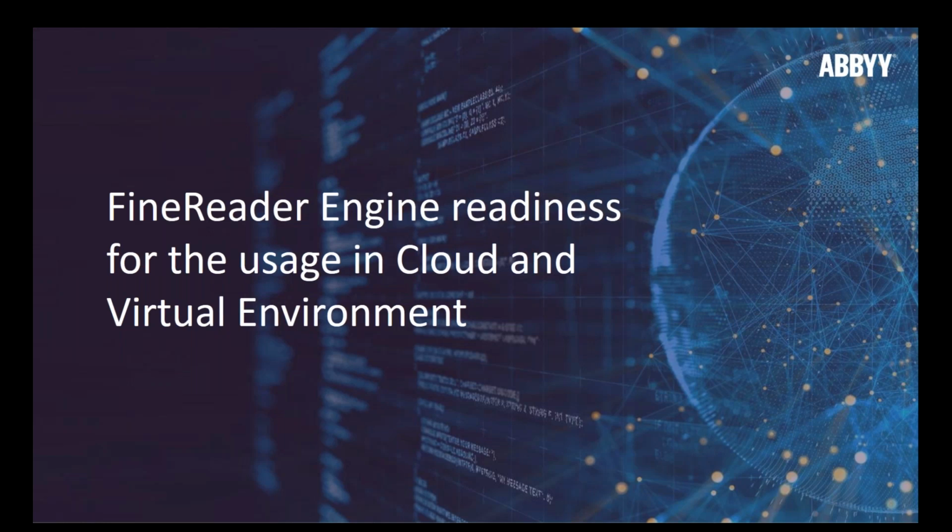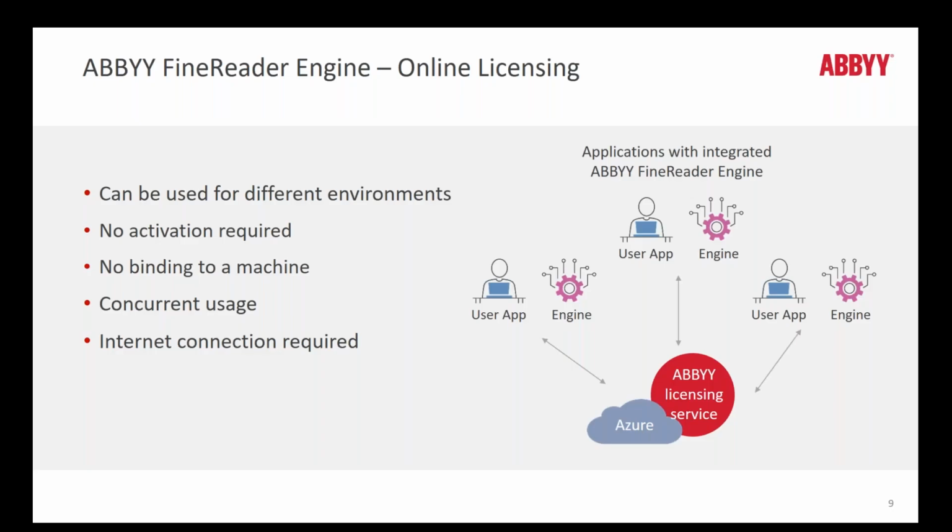And the great news for you is that FineReader Engine is ready to leverage the mentioned advantages and to be used in different virtual environments, including Docker containers and cloud infrastructure. In the next few minutes, I will introduce you to our new licensing mechanism, the online license, which was specifically designed for FineReader Engine usage in these virtual environments.